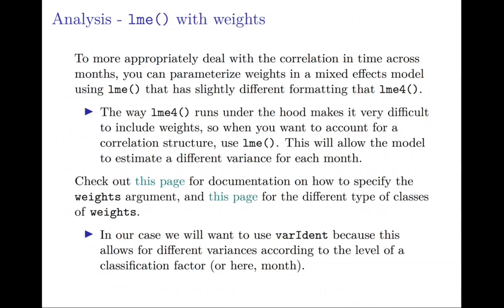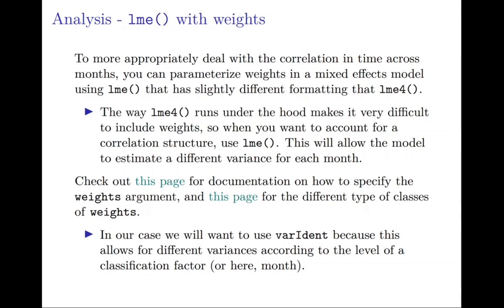And so to more appropriately deal with the correlation across time, not necessarily that there's a trend in time, but just that there are, for example, autocorrelation, differences through time and through month, we can parameterize the weights argument in a mixed effects model using lme.